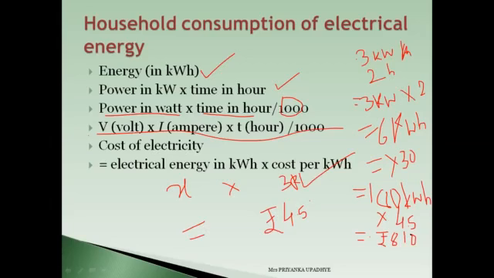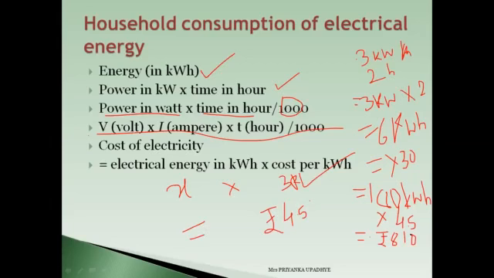Next, if we use appliances of different powers, for example the bulb has power P1, the geyser has power P2, and the fan has power P3 kilowatt, used for different durations T1, T2, T3 respectively.